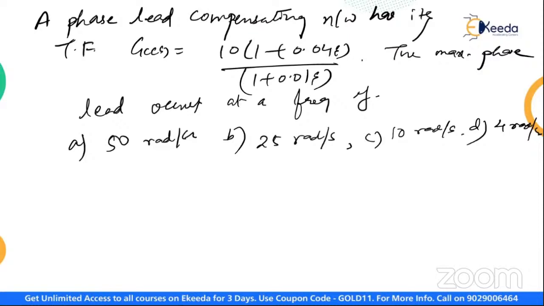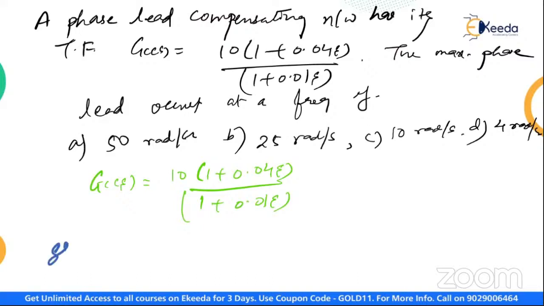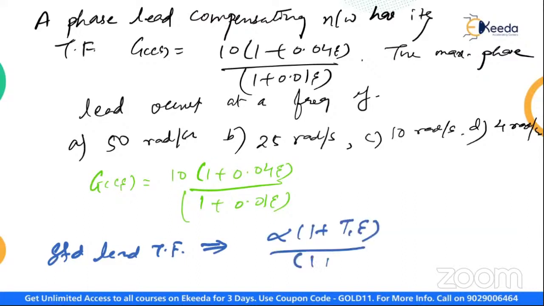Okay. So what is GC of S first? GC of S is given by 10 into 1 plus 0.04 S upon 1 plus 0.01 S, correct? Yes. Now, comparing with the standard phase lead compensating network. What is the standard lead transfer function? It is alpha into 1 plus T1 S upon 1 plus alpha T1 S, correct?